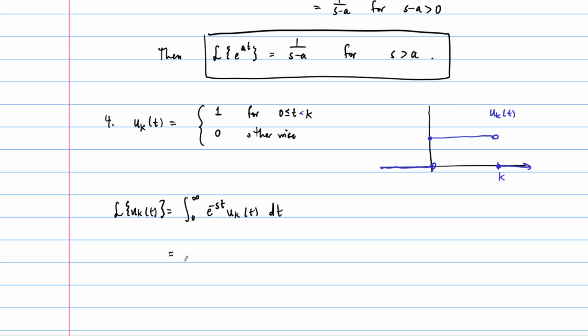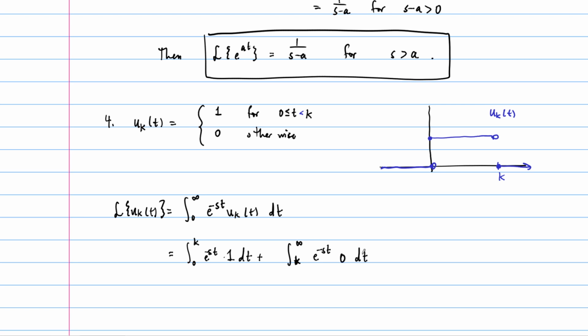So this is going to be the integral from 0 to k of e to the minus st times 1 dt plus the integral from k to infinity of e to the minus st times 0 dt.